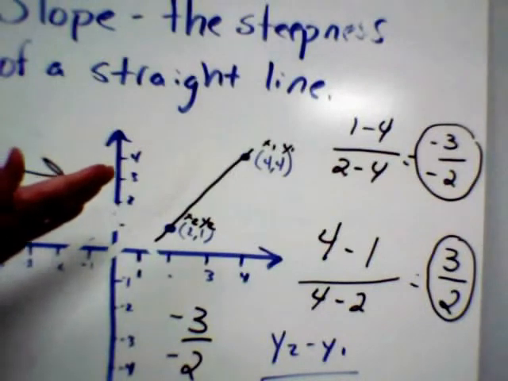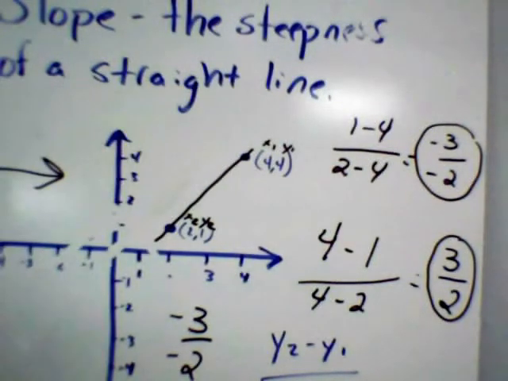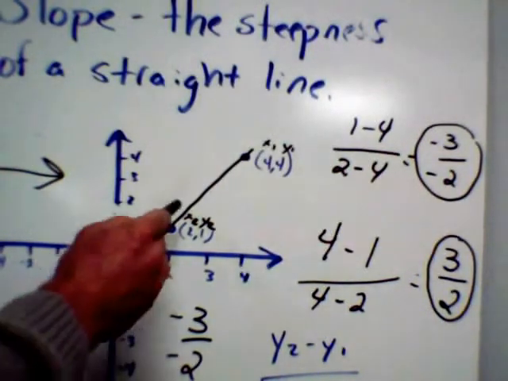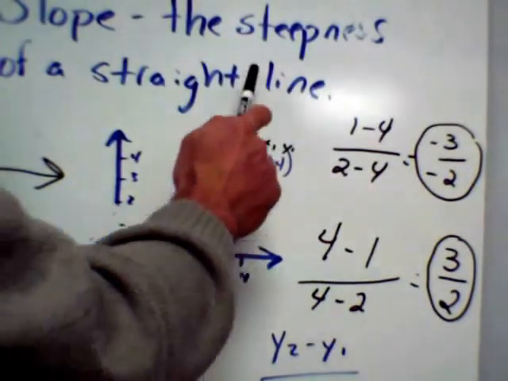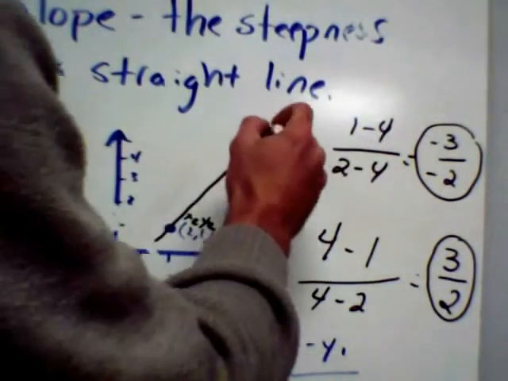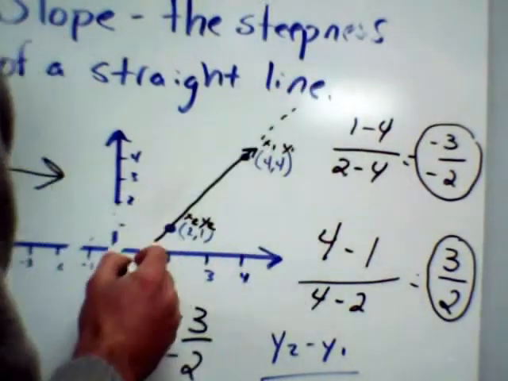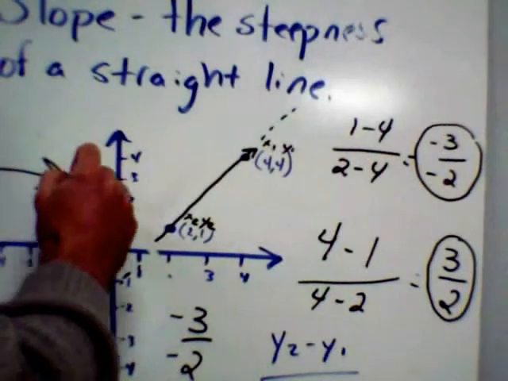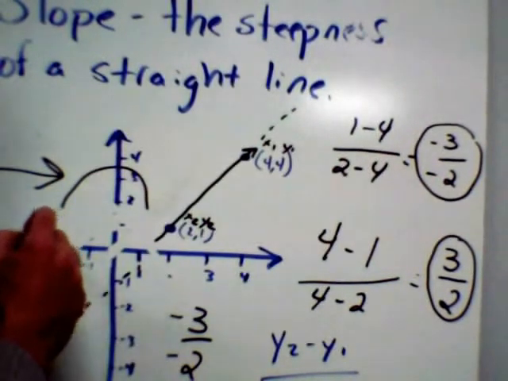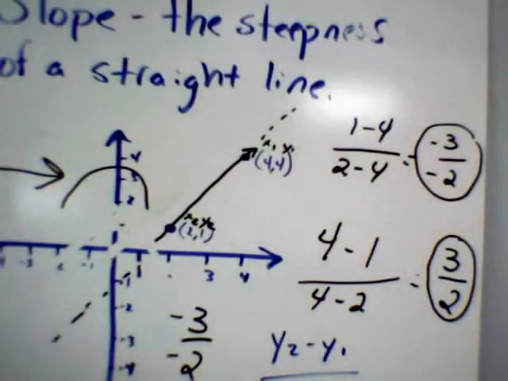Only a line that is a straight line can you calculate the slope for, because it is a constant rate of change. That means that for this slope of 3 over 2, I can count up 3, over 2. Everywhere I go will fall on this line, as this line will go on forever. If you have something that is a curve or a U-shape, that is a variable rate of change, and there is no slope for that.